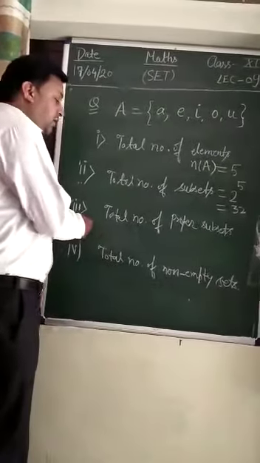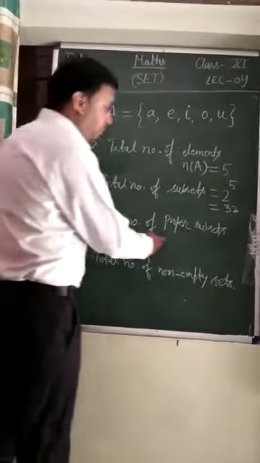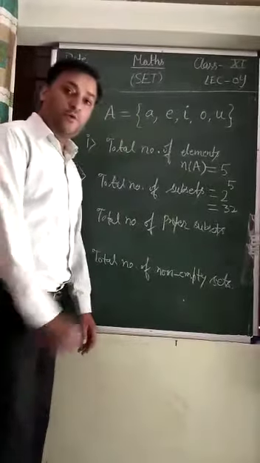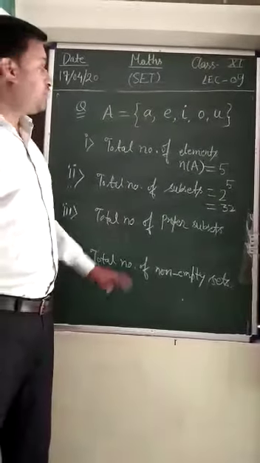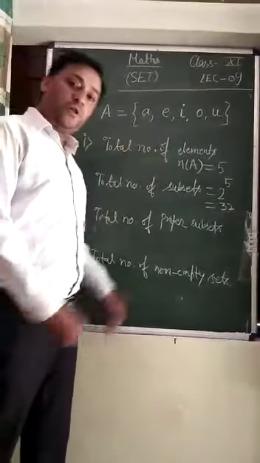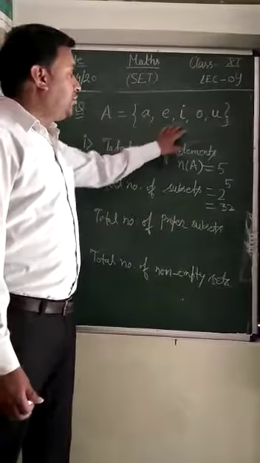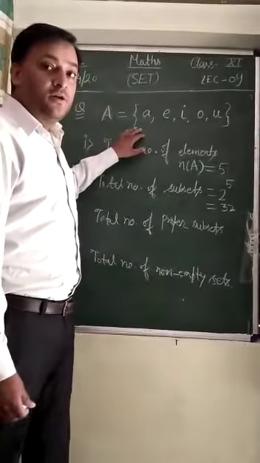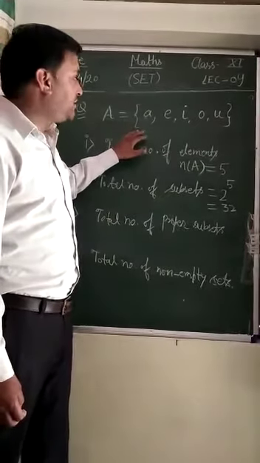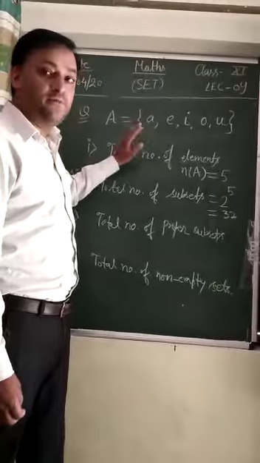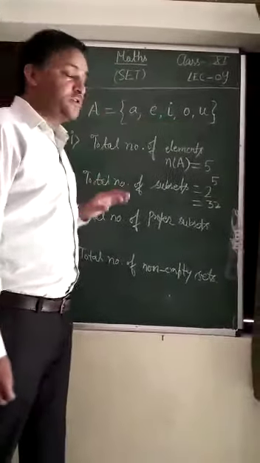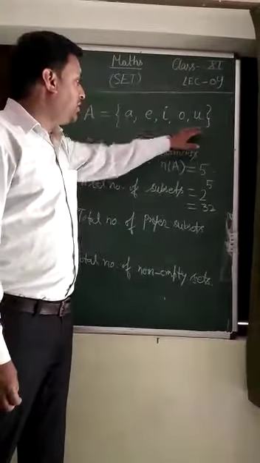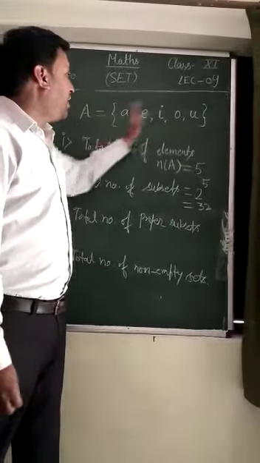Now the third question: total number of proper subsets. Students, while listing all the subsets of this set, you do not count this set itself, because every set is a subset of itself, but every set is not a proper subset of itself. So in the list of proper subsets, we cannot count this.